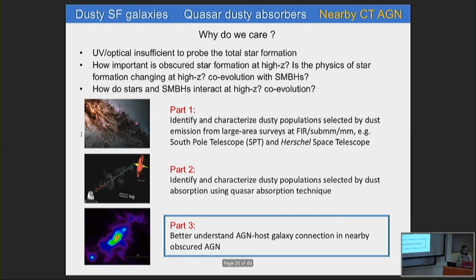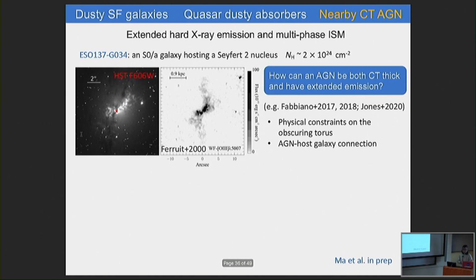All right, putting more constraints on the high redshift frontier is very important, but now I feel like it's more urgent to better understand the AGN host galaxy connection in nearby AGN, where detailed physical processes can be learned. So I'm currently working on 7 nearby Compton-thick AGN with joint Chandra and NuSTAR observations.